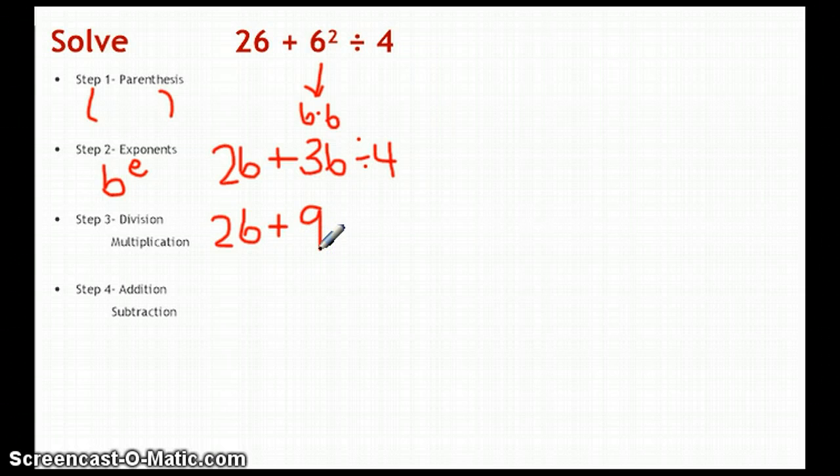And our last step right here, we're going to add or subtract. So we only have addition left. So 26 plus 9, we get 35. Our expression is equivalent to 35.